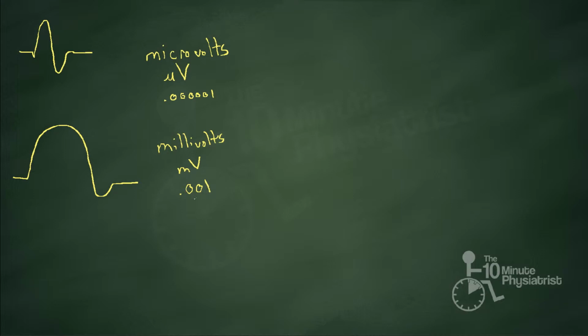Now, if you ask yourself how many tiny microvolts are there in a larger millivolt, I'll let you do the division, but you would divide 1/1,000,000th into 1/1000th, and if you do that math, you end up with 1 millivolt being the equivalent of 1,000 microvolts.